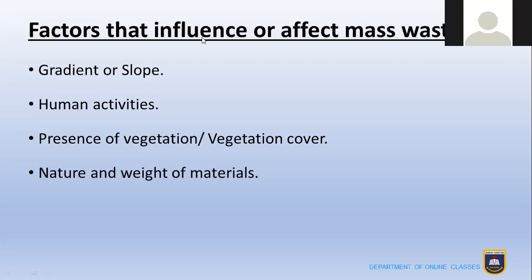So basically, under the nature of the material, when the materials are compacted together, they are not able to move at a faster rate. But when the weathered materials are loose, then they are able to move at a faster rate downslope in a particular region. So that is for the nature and then the weight of the material. I believe you are all clear.